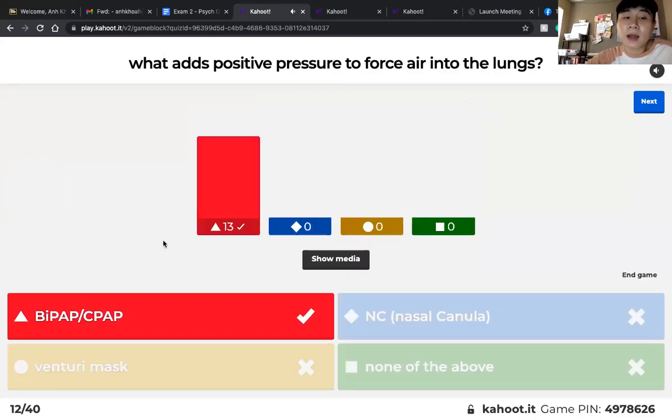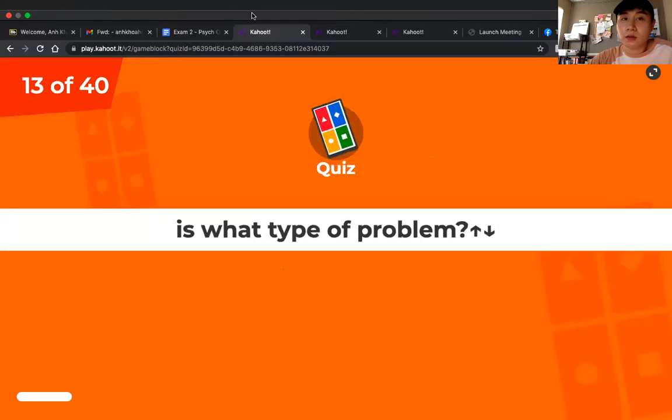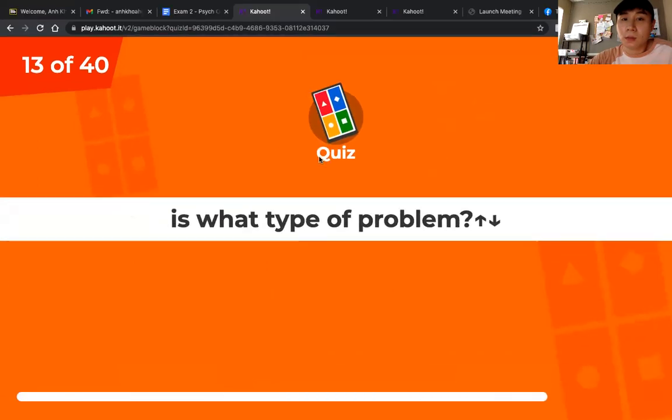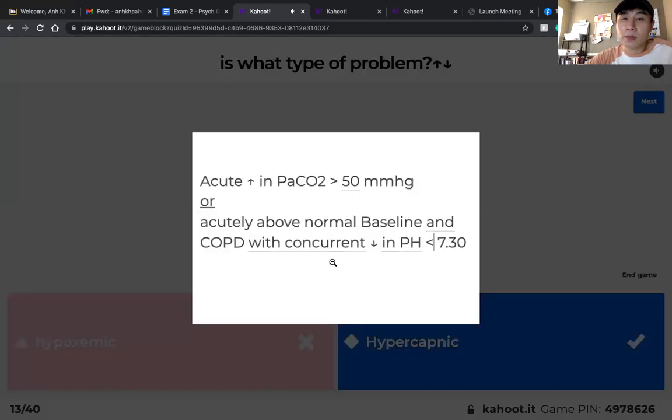Awesome. So only BiPAP and CPAP here in this answer force air into the lungs. Hypercapnic.